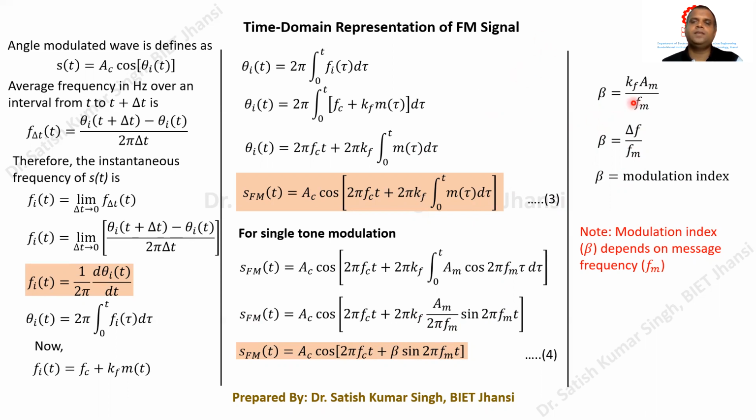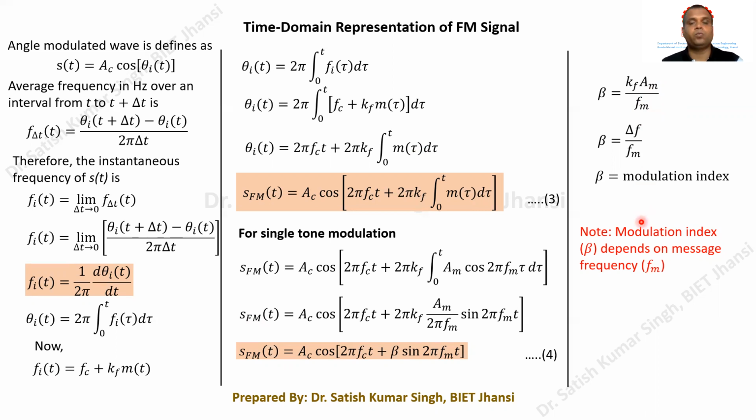But here the modulation index is defined as k_f A_m divided by f_m. So the modulation index in the case of FM does depend on the message frequency, but in conventional AM it was independent of the message frequency f_m.